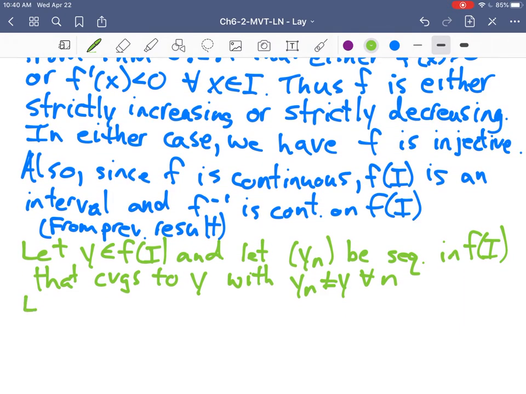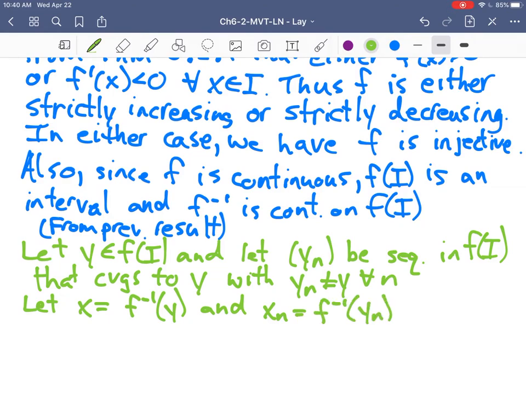We can let x be equal to f inverse of y, and x sub n be equal to f inverse of y sub n for all n.